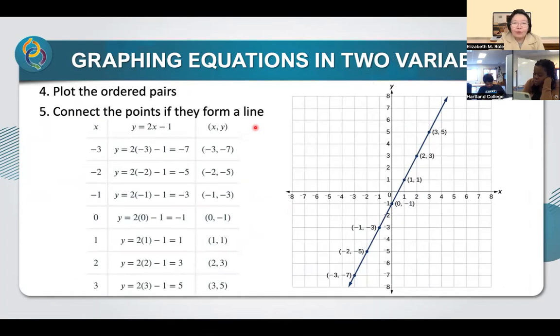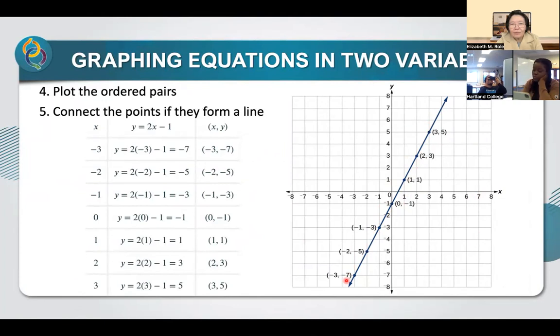After that, we now plot all the points. So I have -3, -7; -2, -5; -1, -3; 0, -1; 1, 1; 2, 3; 3, 5. And then just connect with a straight line. In other words, these points would form a line.